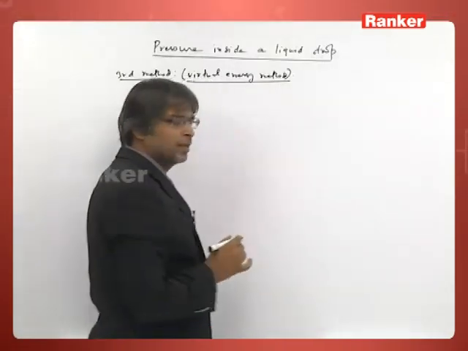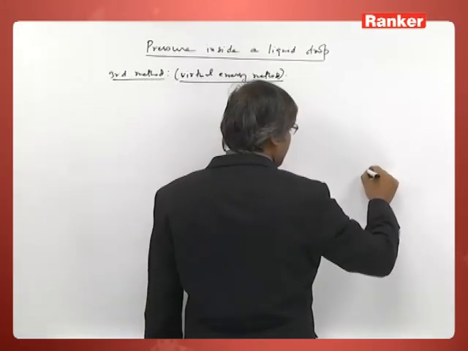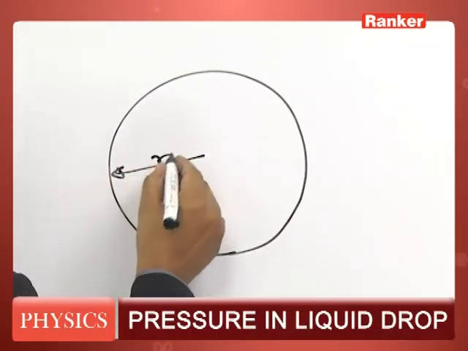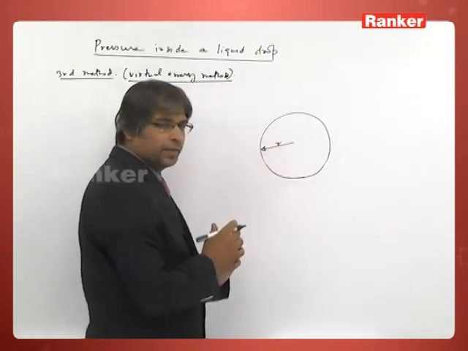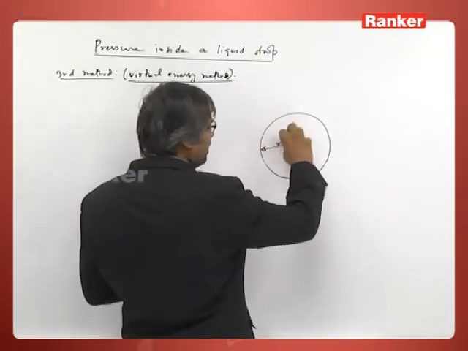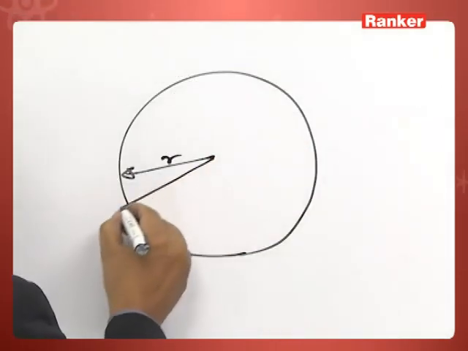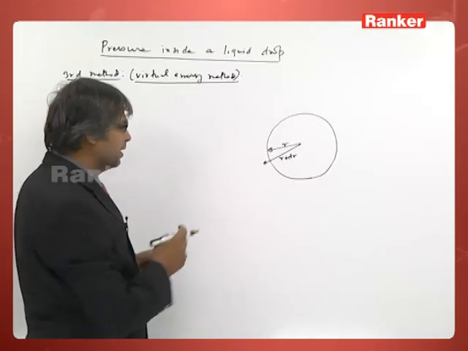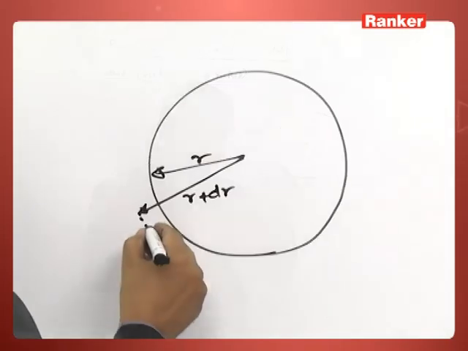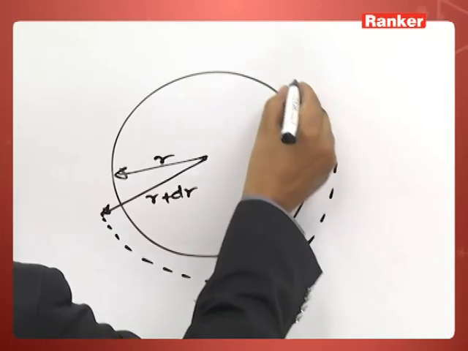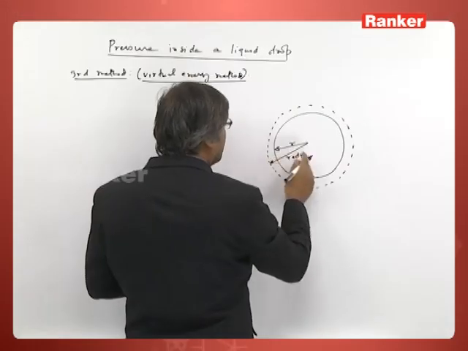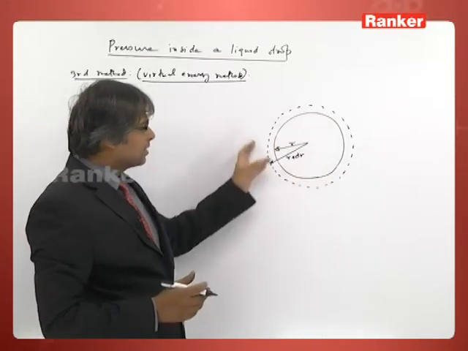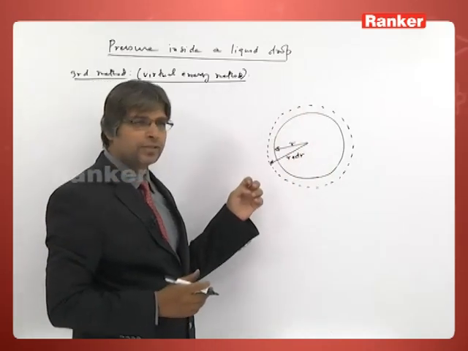If we have a liquid drop of radius r and the system is in equilibrium, and its radius rises by a small dr, so the total radius is r plus dr, then the work done by the unbalanced force is equal to the surface energy, that is, the change in the free energy of the system.